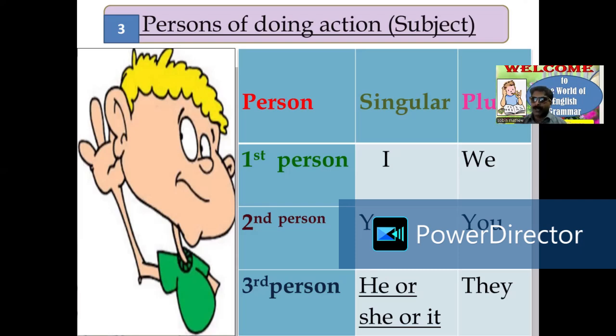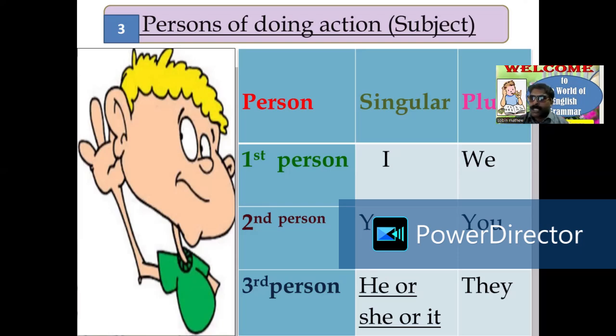Then the teacher asks Siddharth, can you read the plural ones? Siddharth reads: first person plural we, second person plural you, third person plural they. Excellent. Teacher motivates the students by saying excellent. These are important because the verb form can change depending on the subject.